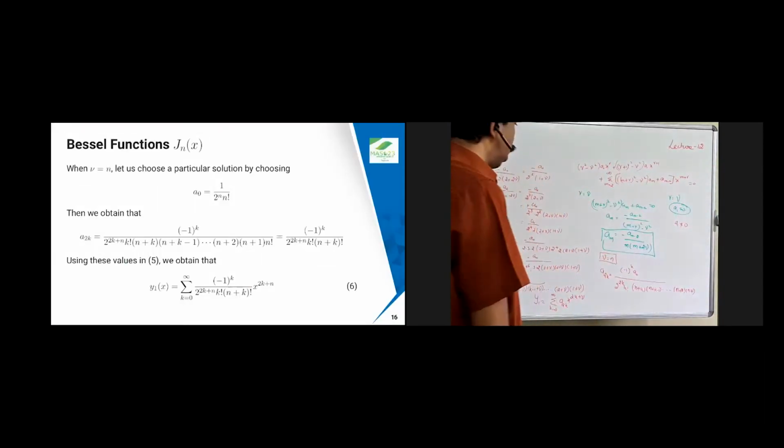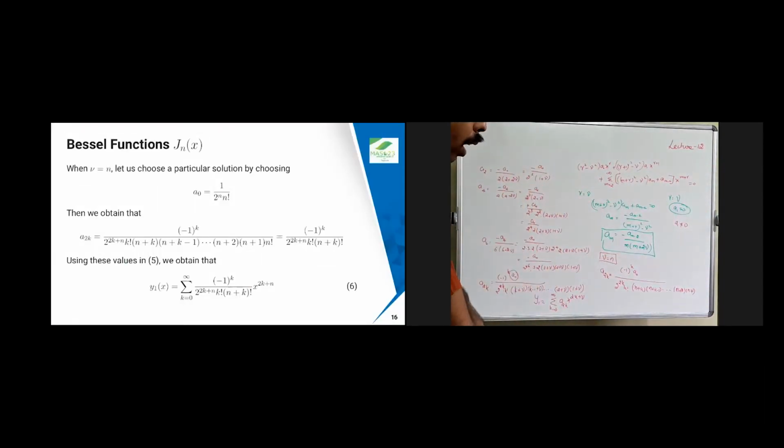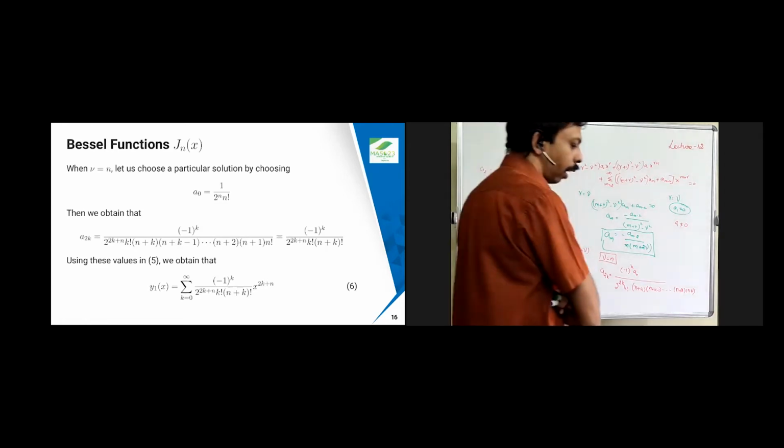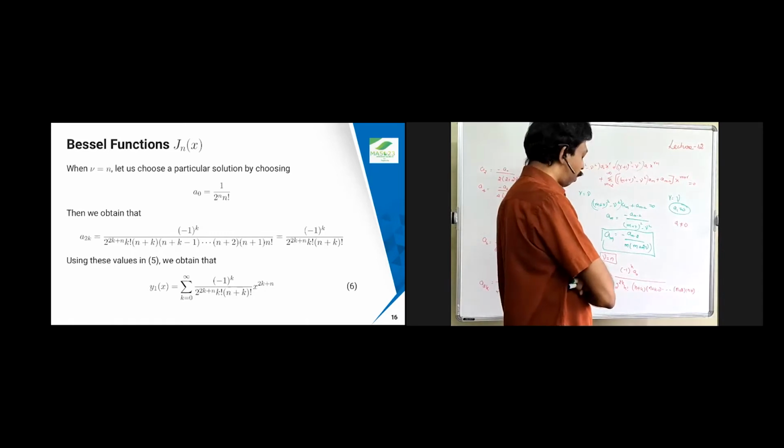So what is it going to do? We are going to use a particular solution, choosing a_0 equal to 1 by 2^n into n factorial. We are multiplying by another 2^n so that we get a simple form of the equation.